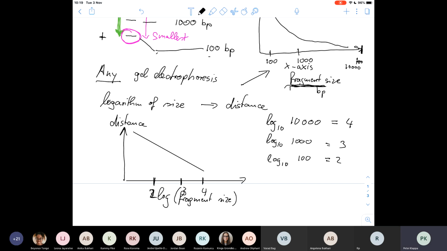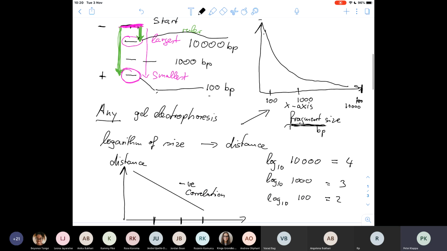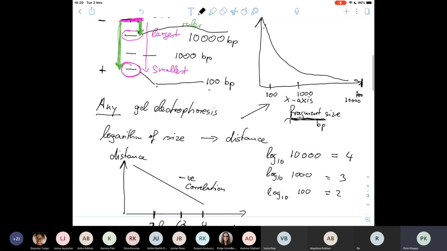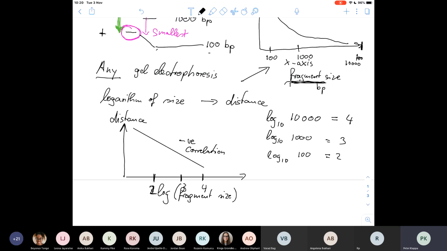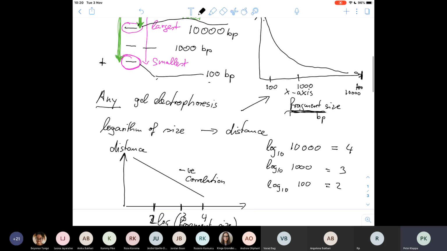Absolutely right. It's a negative correlation. And what's wrong with an asymptotic graph? Well, you can't do any decent analysis if you don't have a linear relationship. That's the problem with it.